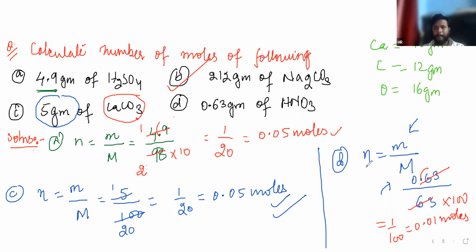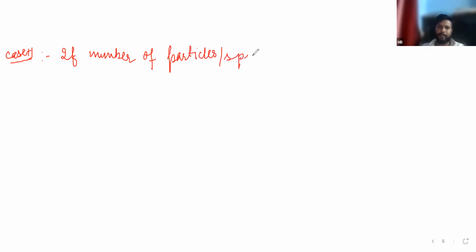Can I change the slide? Okay, good. So we just discussed the first formula of moles, how to find moles when mass is given. We will have the second case, which means if the number of particles, that means species, ions, atoms, or anything, molecules, etc. are given.